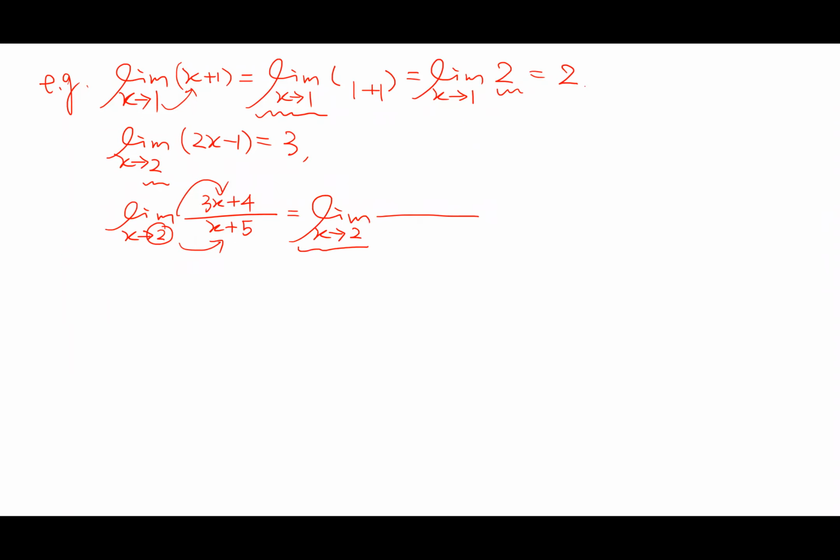And then we can calculate (3 times 2 plus 4) over (2 plus 5). So that equals 10 over 7. So the limit of this function is 10 over 7, right?